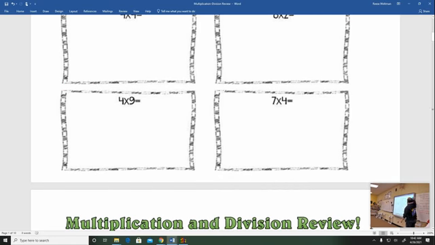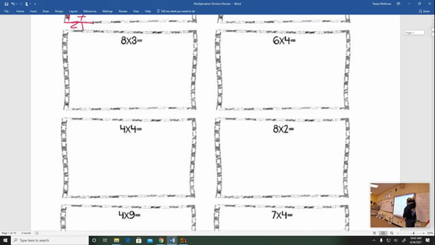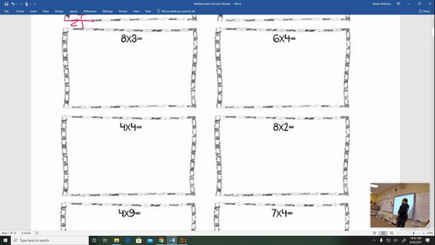Next one. Let's look at this one here. 8 times 3. On 8 times 3, you should be on this page. What are we doing over here? On 8 times 3, how can I use repeated addition there?